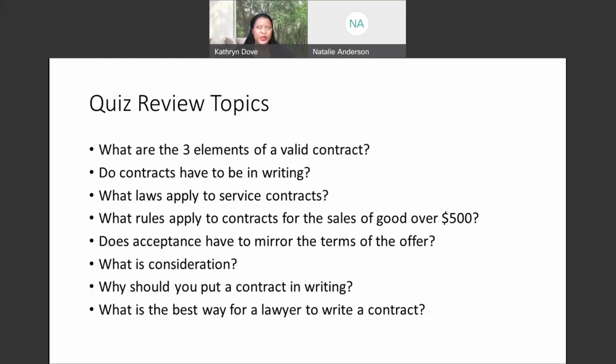So the Uniform Commercial Code is a set of special rules to facilitate the sale of goods and uphold commercial contracts. It has been adopted in part by every state, and it's codified in the state statutes, and it applies to contracts for the sale of goods over $500.